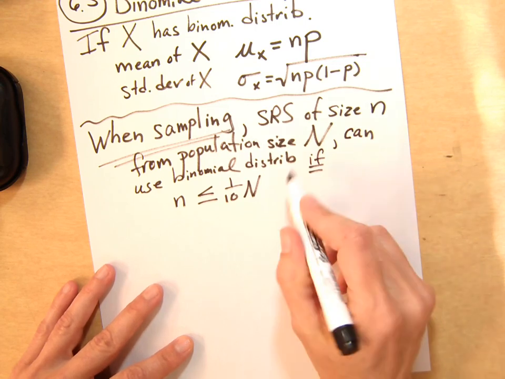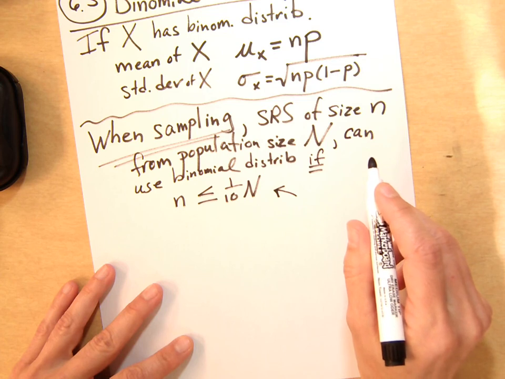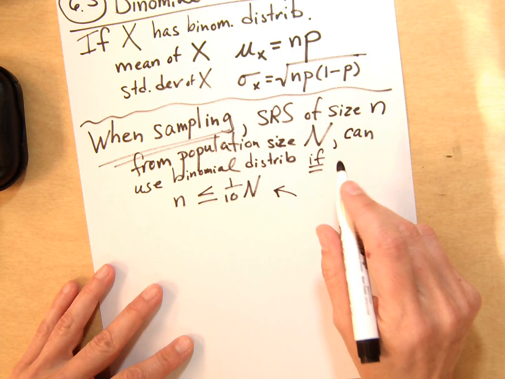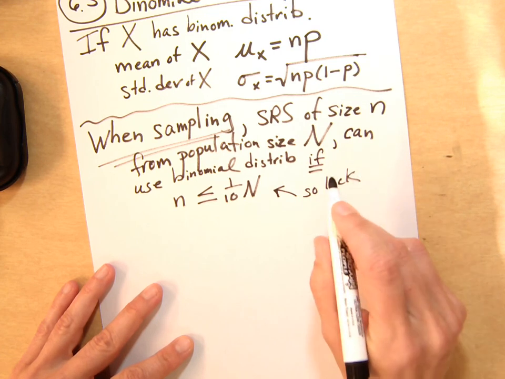And the reason is, and we'll see in an example, as long as your sample size isn't too big, the result will still be the same even if the trials are not independent. And we're going to do a calculation to show that in a second.